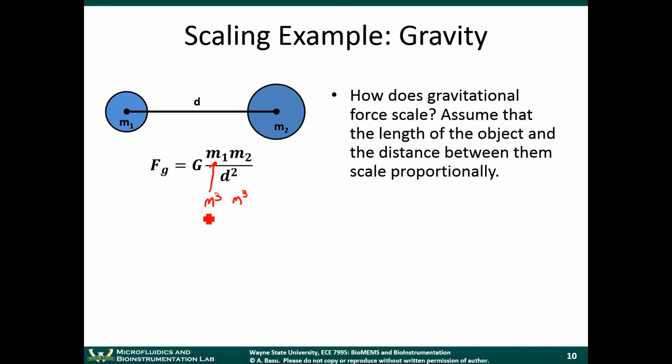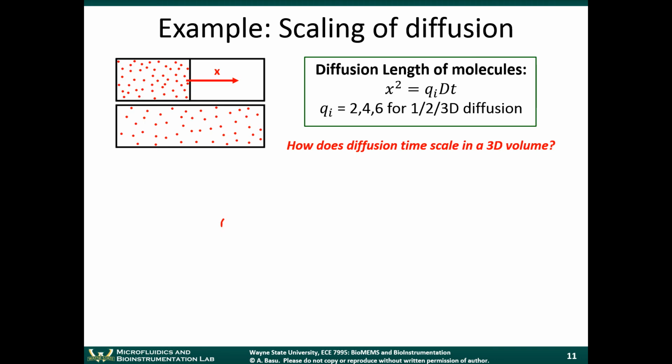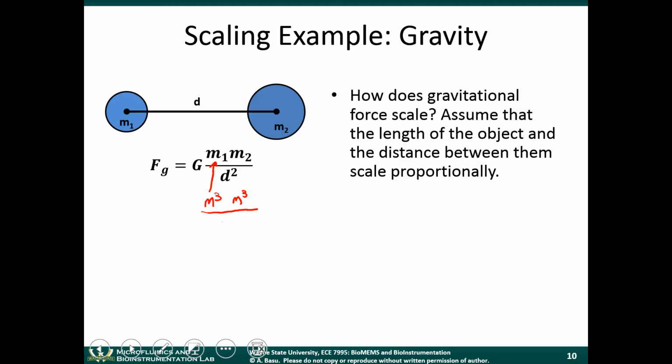And then how about the denominator here? d squared is meter squared. Let me put this in terms of L. I think that's easier. So mass scales as length cubed. So we have two length cubes on top. The distance between them, so you have d squared, so that scales as length squared.